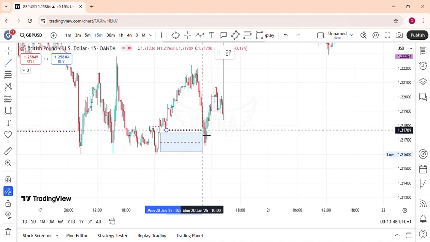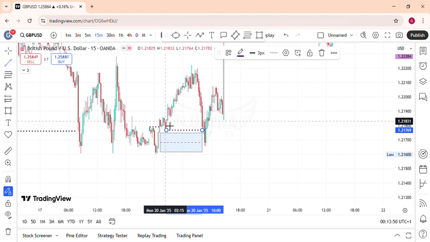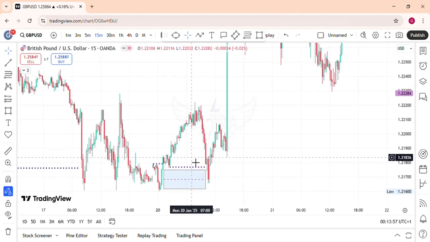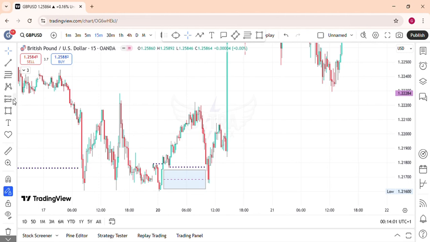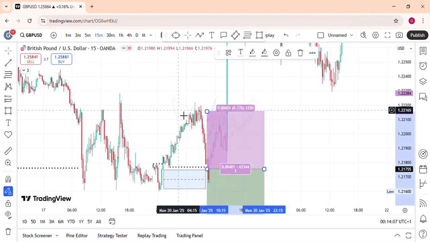This is a liquidity, which is my low here. So after the market creates this liquidity, takes the liquidity, also taps into this fair value gap, you can see how the market reacts. You can see how the market reacted to this setup.